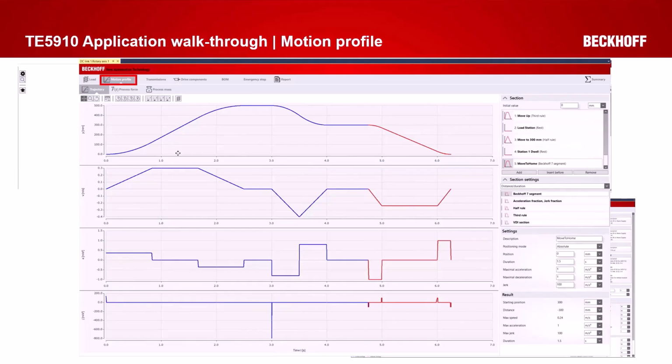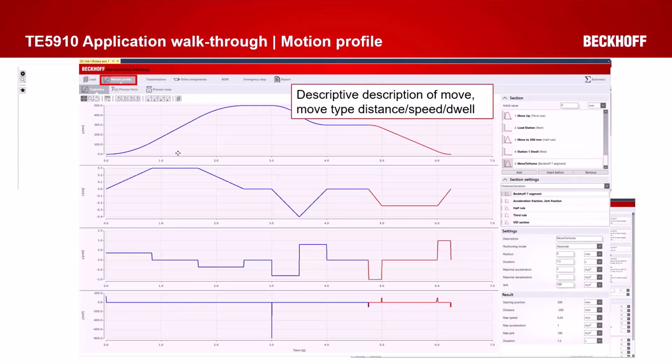The motion profile section is very helpful. It allows you to descriptively mark the type of move or the move command. Maybe you're moving up, maybe you're going to pause at a loading station, or maybe you're going to move to another known position. So it's easy to label and describe what you're adding. And then there are different types of moves.